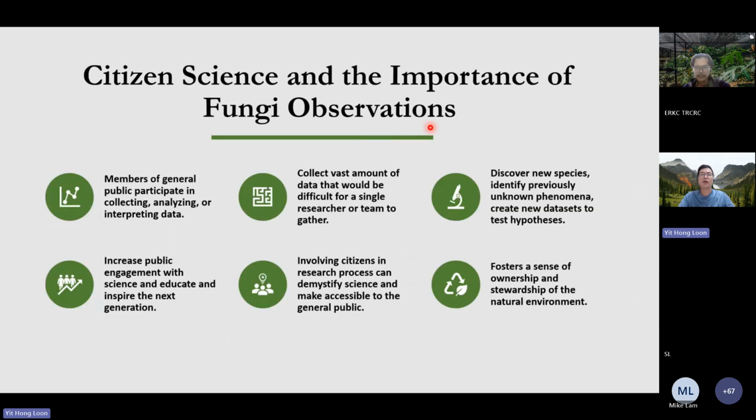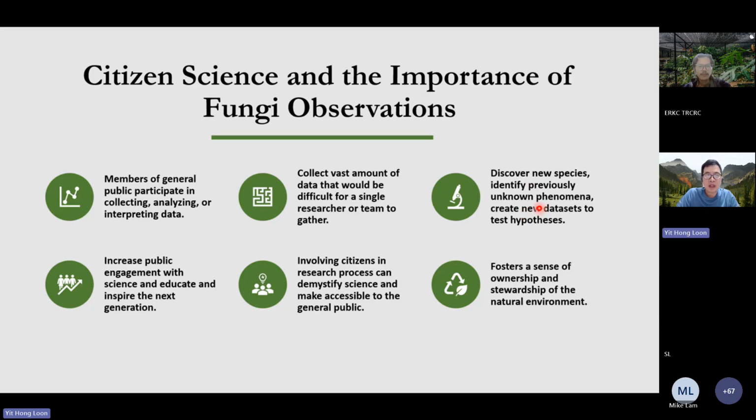Citizen science is important in fungi observation, because it involves public participation in collecting, analyzing, and interpreting data. So the data collected is huge, and it is true data. This data could be utilized by researchers for new fungi discovery and new fungi descriptions, making scientific breakthroughs.